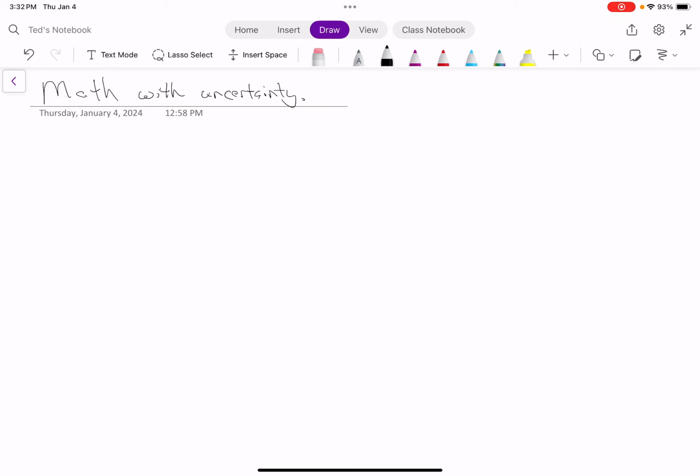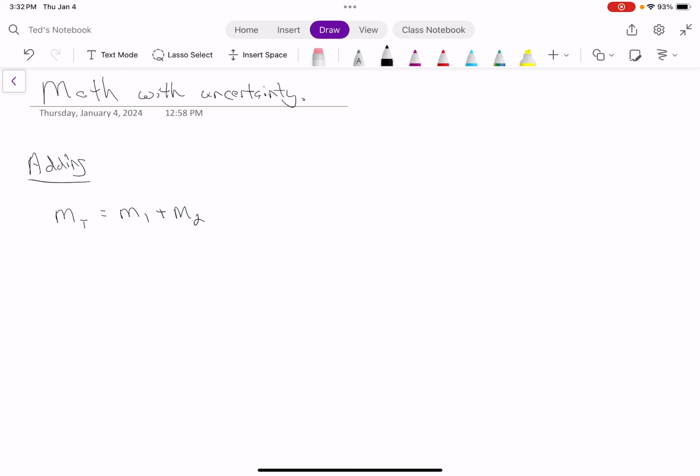So if we're adding two numbers, let's say we want to know the total mass when we are given mass 1 and mass 2.